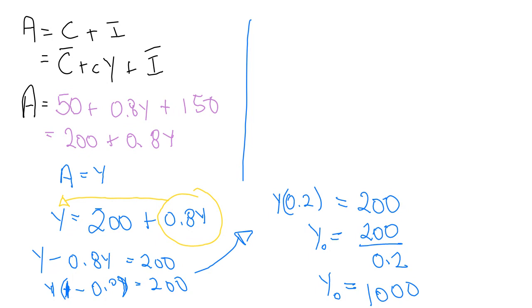Now, if we add those two together, we get autonomous spending, which is 200, the 150 plus the 50. So there's a shift from C equals 50 plus 0.8Y all the way to A equals C plus I, which equals 200 plus 0.8Y. Just let me know in the chat whether that makes sense.